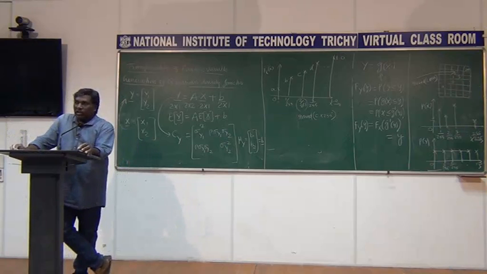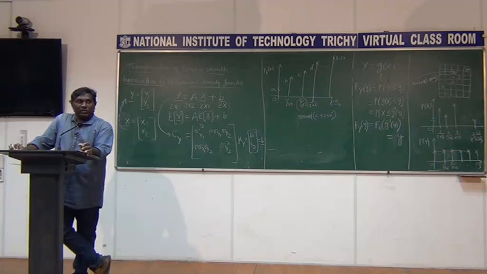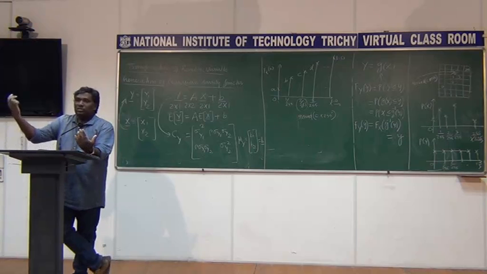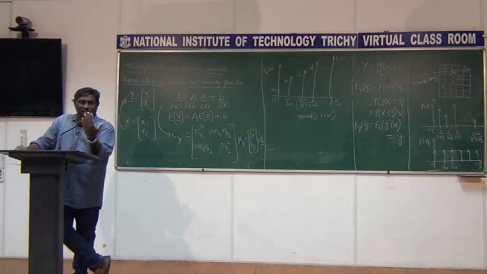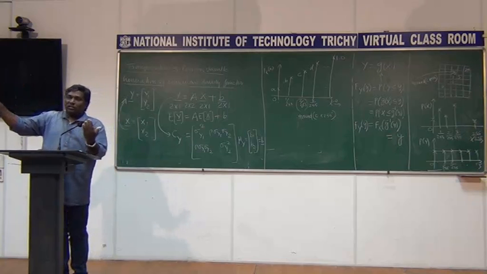Let me stop today's class with a final question for you. You can think and tell me the answer. Suppose I have an image, and I am seeing another image which looks really good. I wanted this image to look like that.